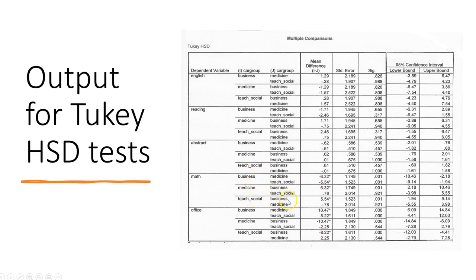So we see here that business is clearly different from our teaching and our medicine groups. And we see basically that in mathematics, their score is lower, and in our office skills, our score for business students is higher.